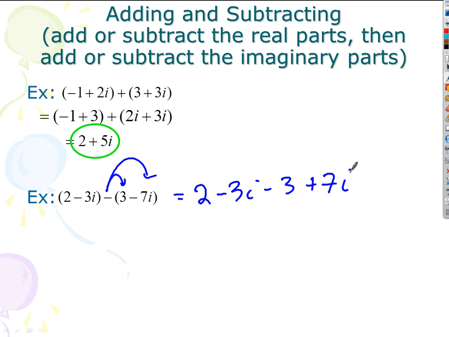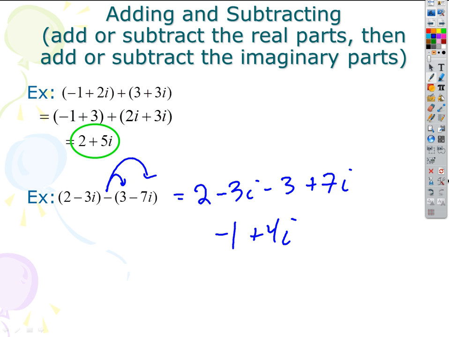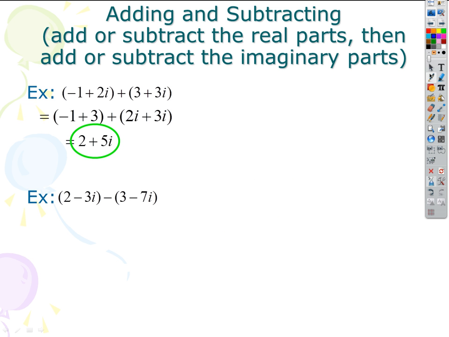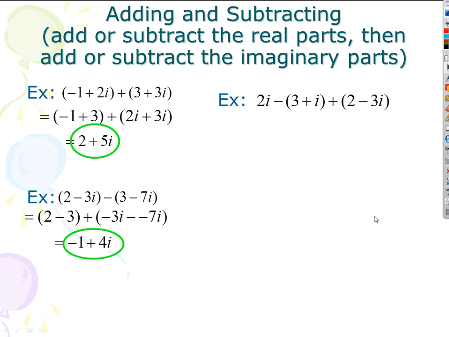If I add up like terms, I've just got 2 minus 3 is what? -1. And then -3i plus 7i. There it is. That's my answer. Couldn't be easier. And we can add up more than that if we want to. We can add up a whole bunch of numbers. Same deal. Just add up like terms.